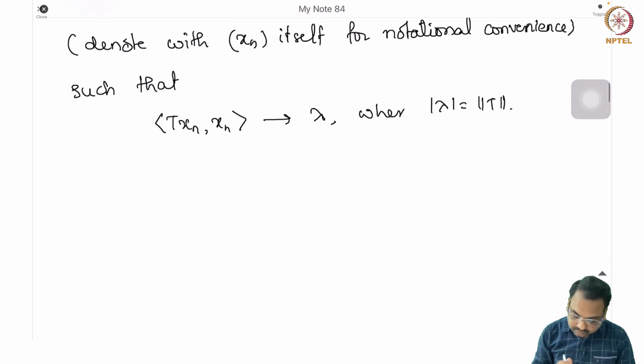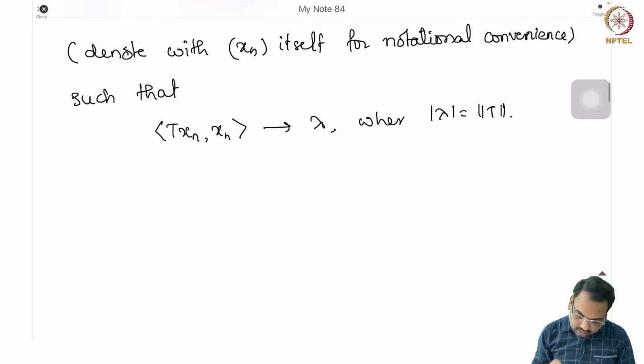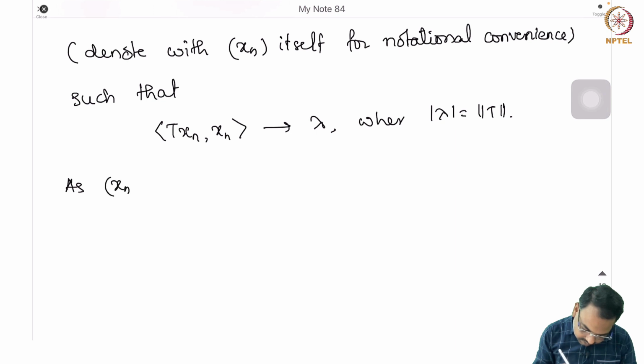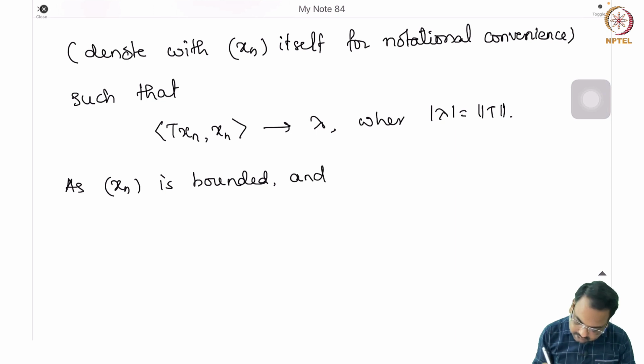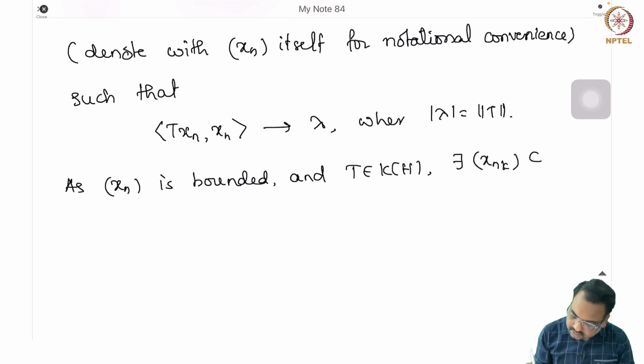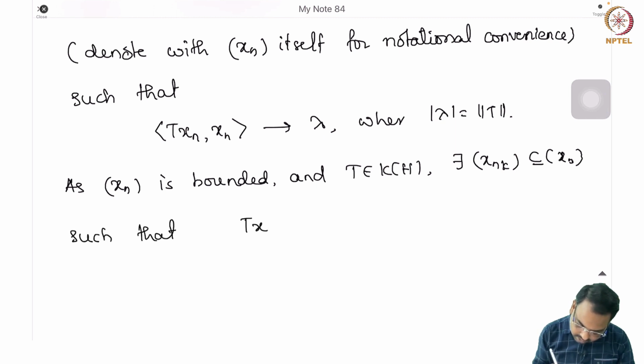Now, as xn is bounded and T is compact, there exists xnk, a subsequence of xn, such that T xnk converges to y. Let us say the limit is y.